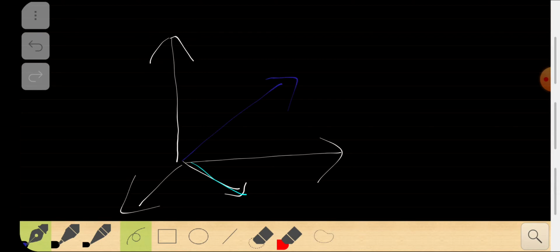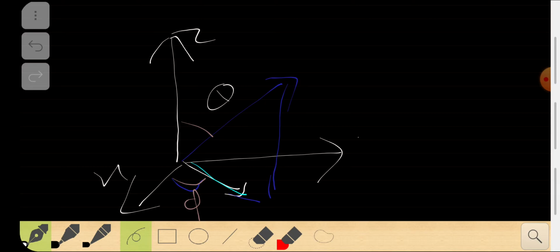We made an intercept in the xy plane. That intercept makes angle phi here, and the vector from the z-axis makes an angle theta, and this is the x-axis, this is the y-axis. It's a right-handed coordinate system.